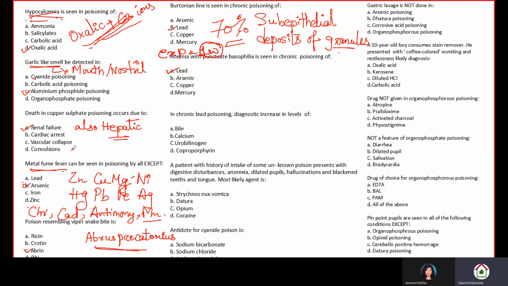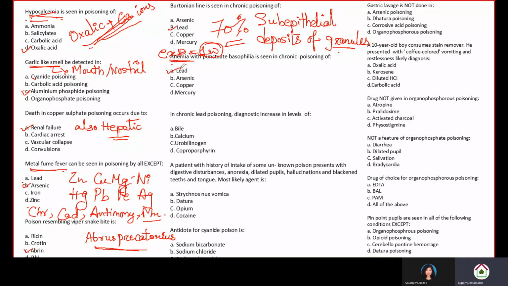There can be anemia associated with polychromasia, punctate basophilia, reticulocytosis, poikilocytosis, anisocytosis, nucleated RBC, that is sideroblasts, and an increase in mononuclear cells. So all these things can occur in lead poisoning.